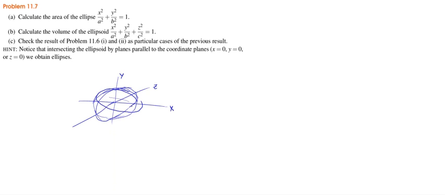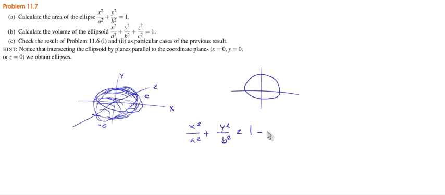I don't know how to plot this, but you get this kind of 3-dimensional balloon. So for the volume we're going to integrate in z from minus c to c. Going through the z-axis at some point z, what you have is x squared over a squared plus y squared over b squared equals 1 minus z squared over c squared.